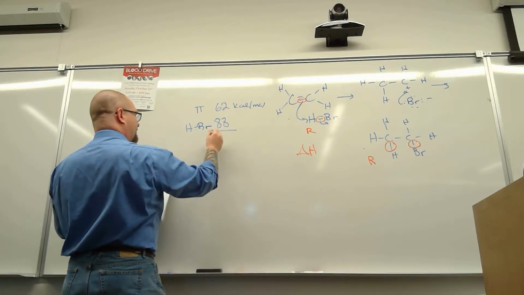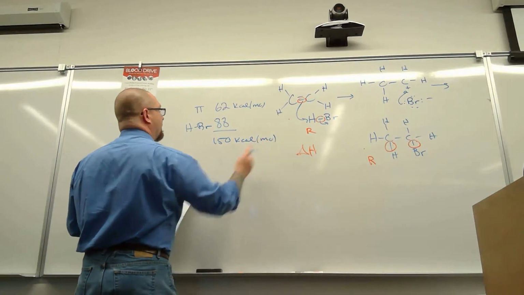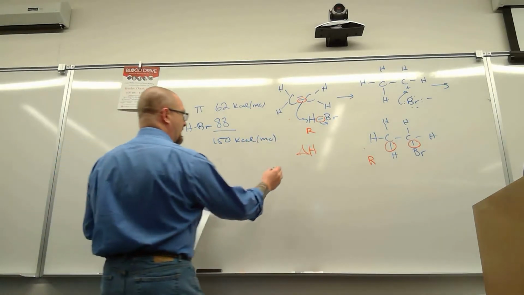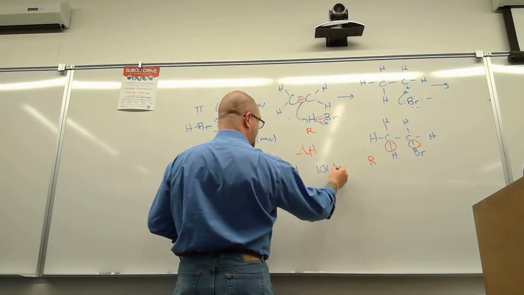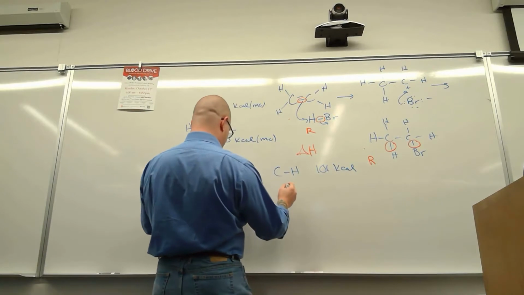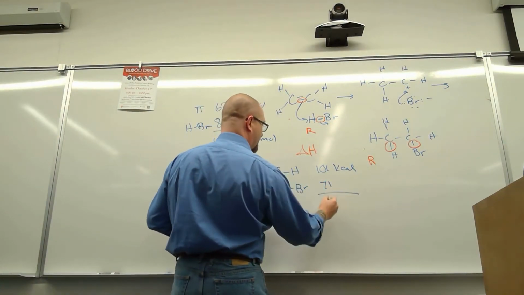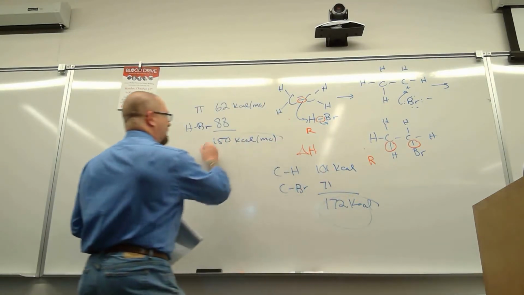So we got 150 kilocalories there per mole. And then on this other side, we've got a carbon-hydrogen bond, which is 101 kilocalories per mole, and we've got a carbon to bromine bond, which is 71, so we get 172 kilocalories per mole.